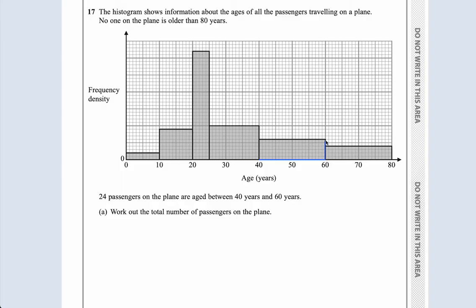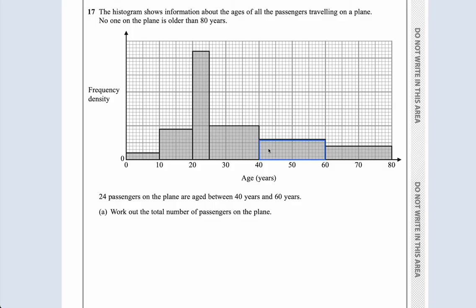So what I want to do is find the area of this. If I can find the area of this box, then I can find out how many squares per person. And if I can find out how many squares per person, the rest of the question is easy.